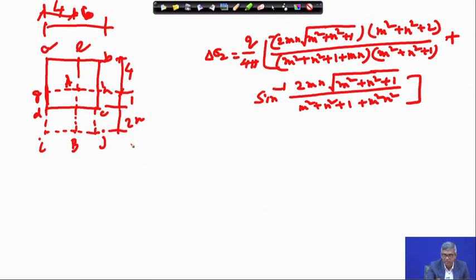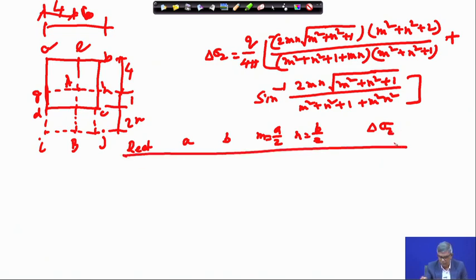Suppose I will do rectangle and then what is value A, what is the value of B, what is the value of m equal to A by Z, what is the value of n, B by Z and what is the value of delta sigma Z. So, like that if I do, rectangle is A E B H. So, this is the one I am taking.